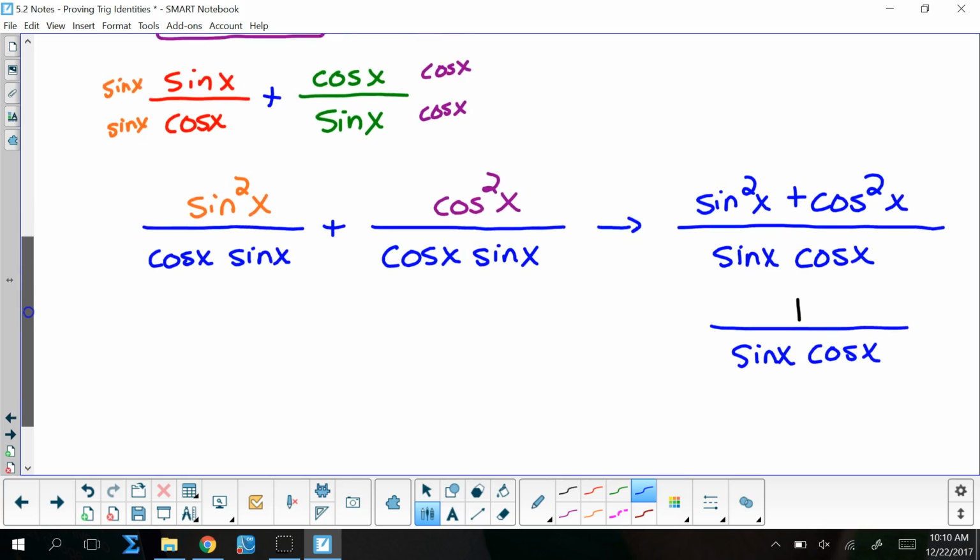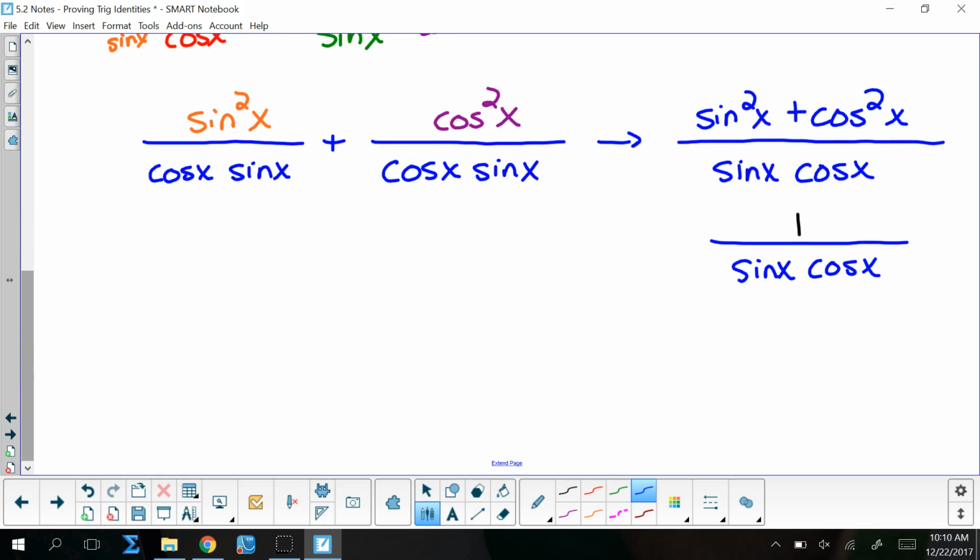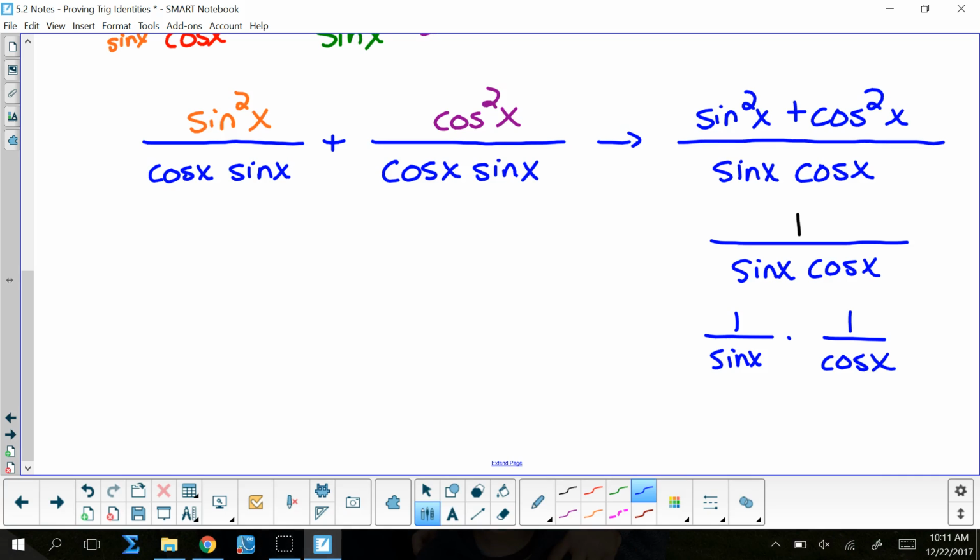One over sine of x cosine of x is 1 over the sine of x times 1 over the cosine of x, right? 1 over cosine of x is secant of x. 1 over sine of x is cosecant of x.